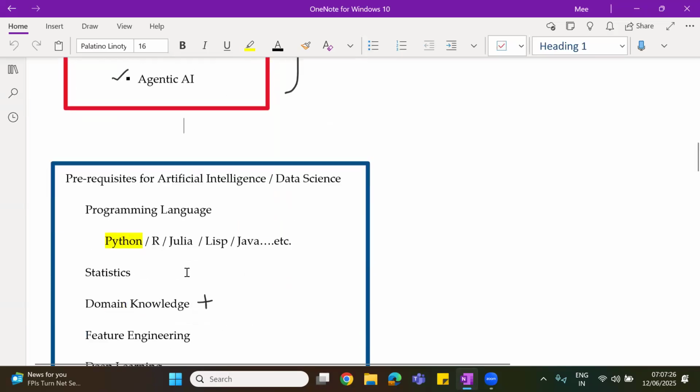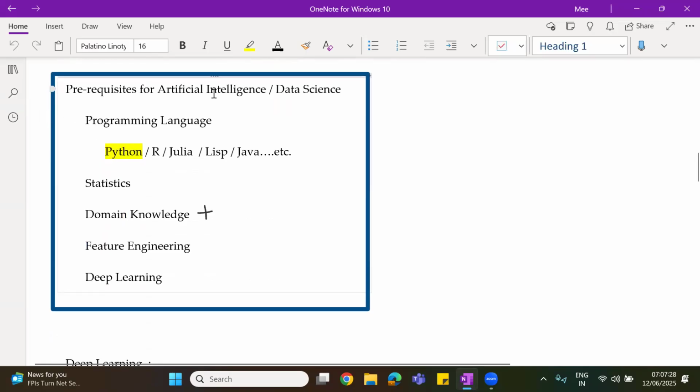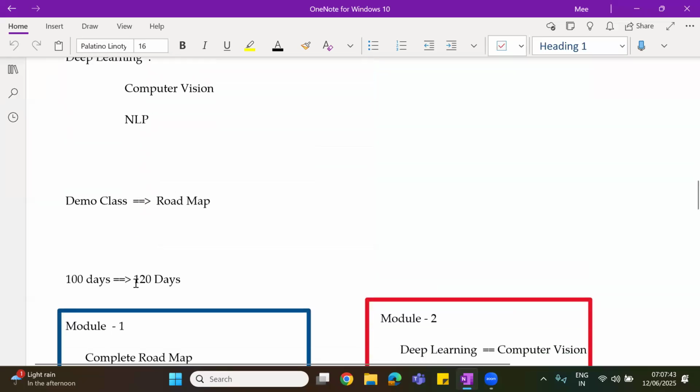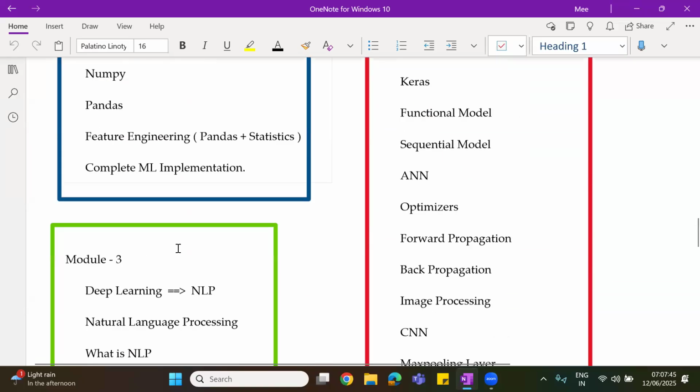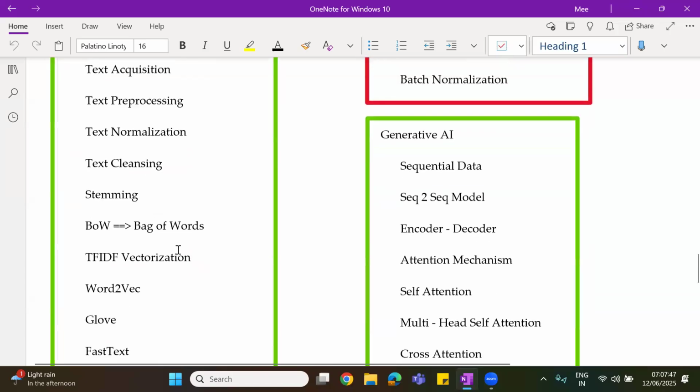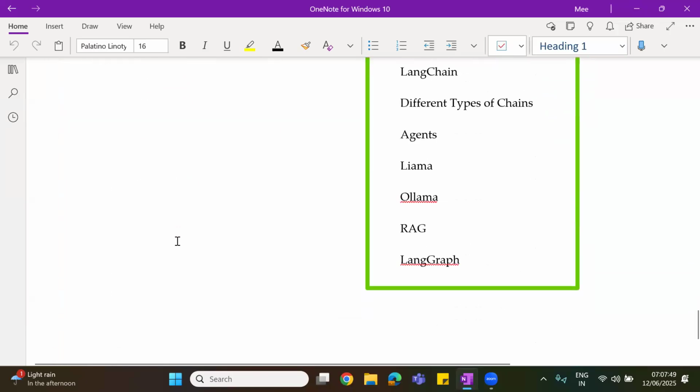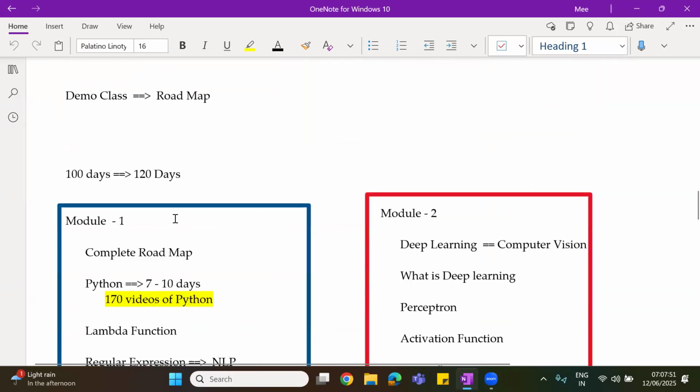Now, the prerequisites for artificial intelligence are a programming language, statistics, domain knowledge, feature engineering, and deep learning. These are the things you should have. And I explained how we will be going forward with our entire process one after the other.